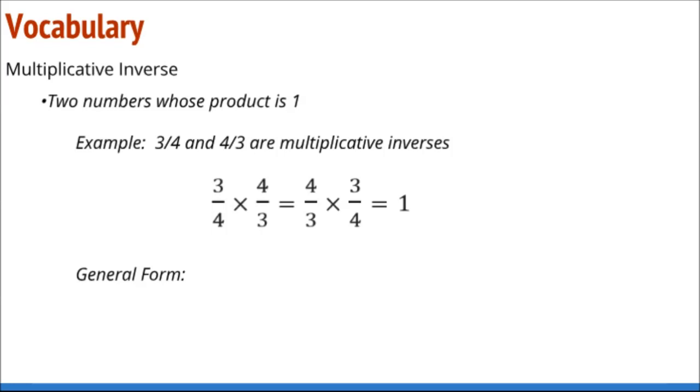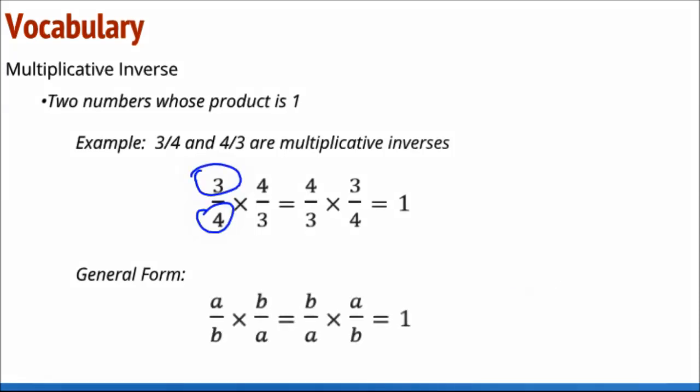And of course, here is the example that I just did. And then we can express this in a general form. In a general form, we replace these numbers with variables. So we have a fraction, a over b, and here's the reciprocal b over a, and when we use these reciprocals, they are equal to 1.